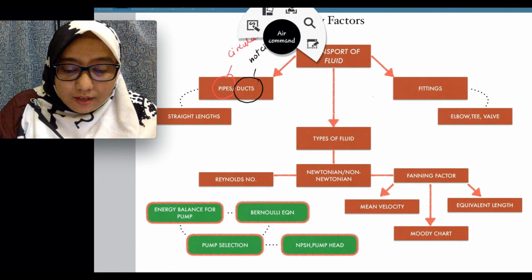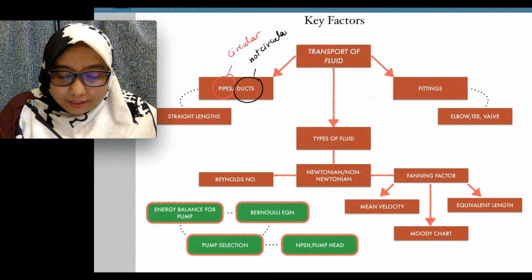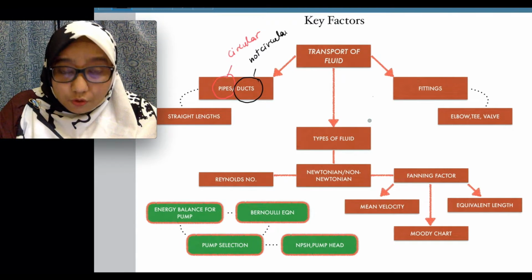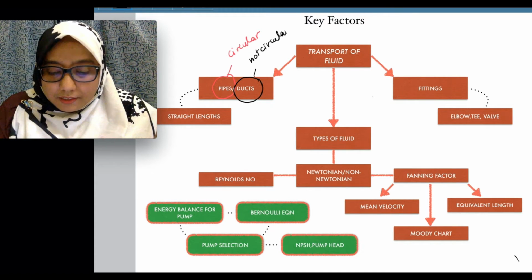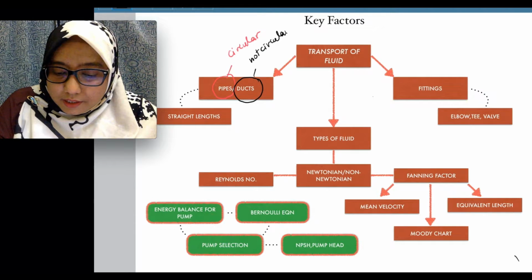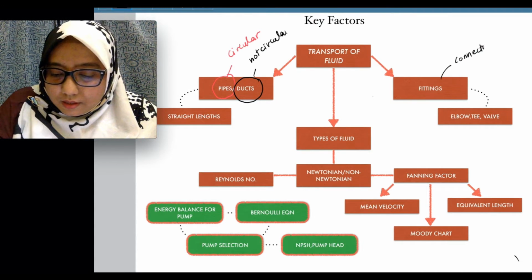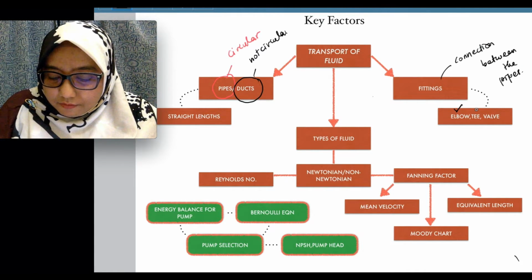Okay, the term is ducts. And another factor that will influence is the type of fluid. And this you already learned about, that is Newtonian or non-Newtonian. Next is fittings. Fittings is a connection between the pipes.